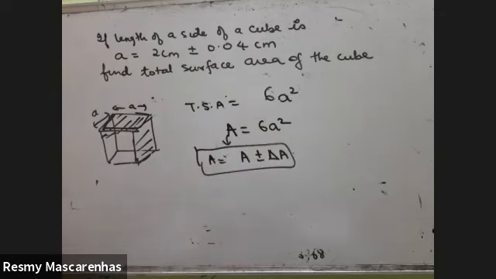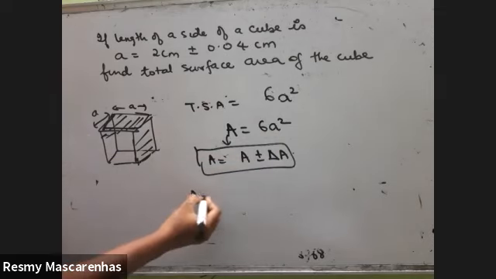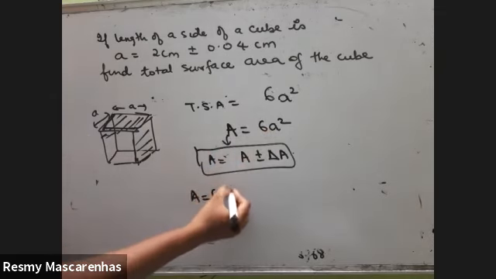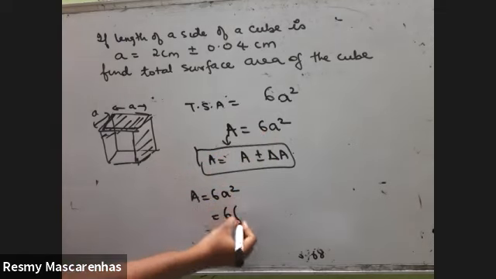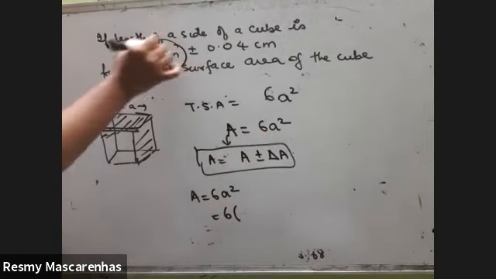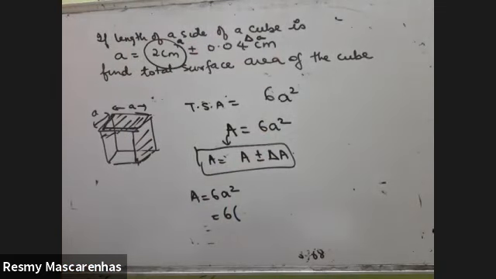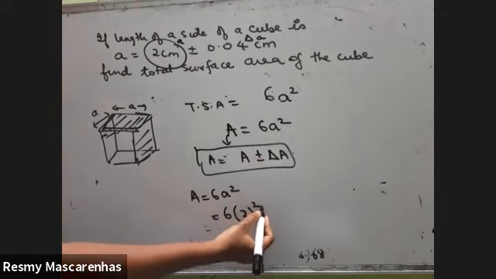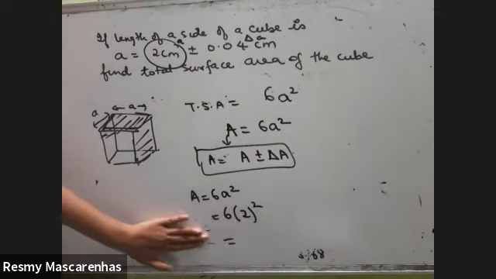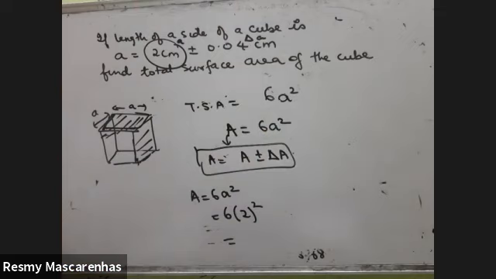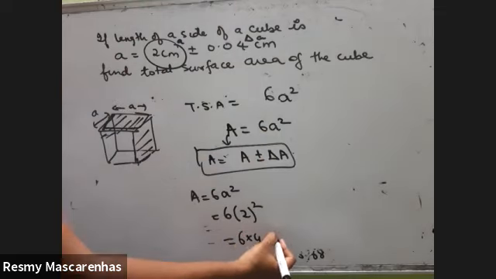So first let us find the capital A, that is same formula, 6a square, directly this one, because this is your A and this is your delta A. So 6 into 4 will give you 24.